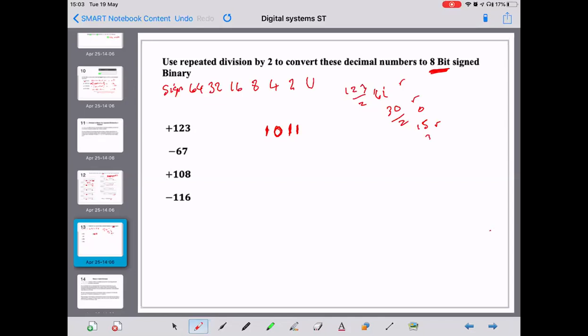7 divided by 2 leaves us a remainder. I was doing it from the other way as well. You've got to start from the least significant bit end. You should end up with 4 ones in there.